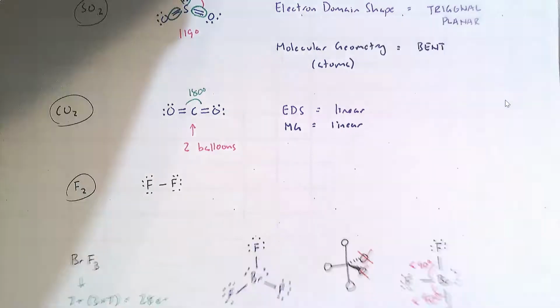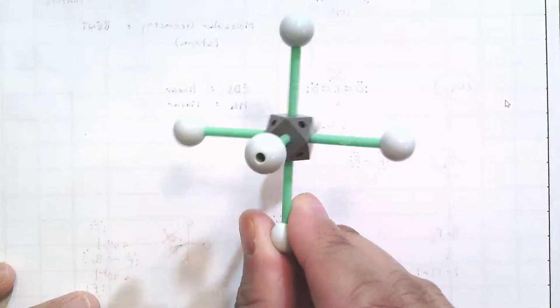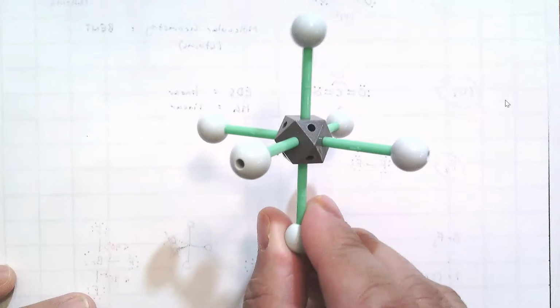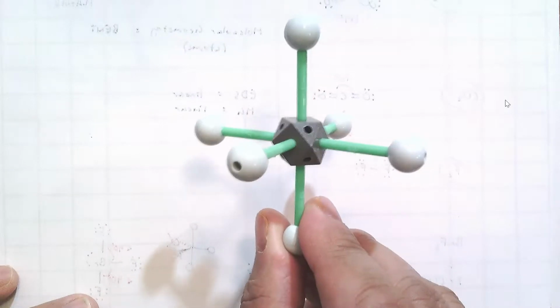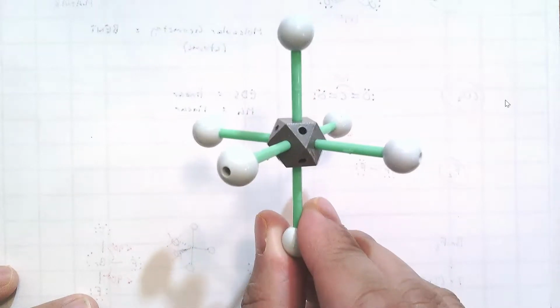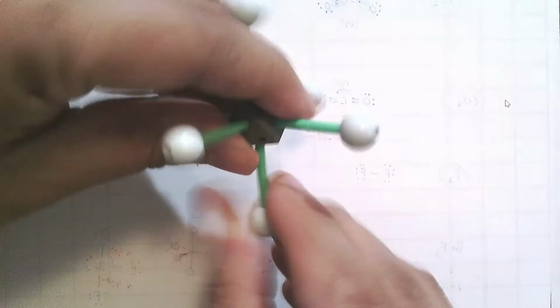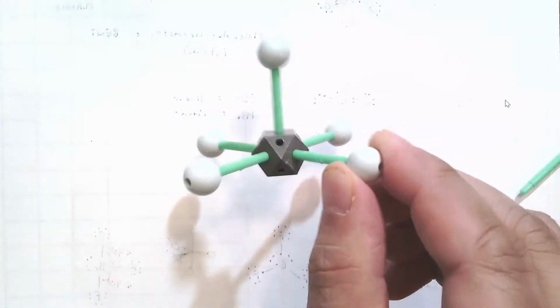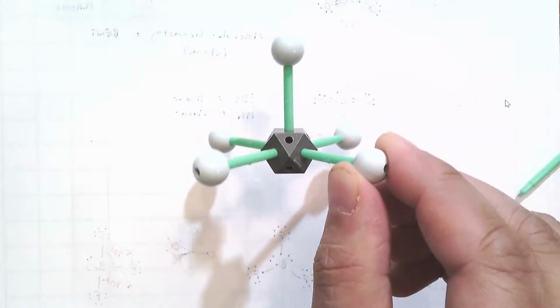Here is octahedral. Okay, 6 balloons. Now, if you have 6 balloons and only 5 atoms, because one of the atoms is replaced by a lone pair, remove the bottom one. And you have now what's called square pyramidal.